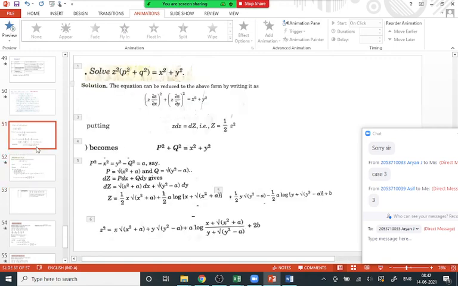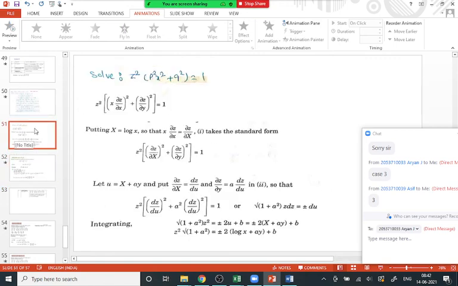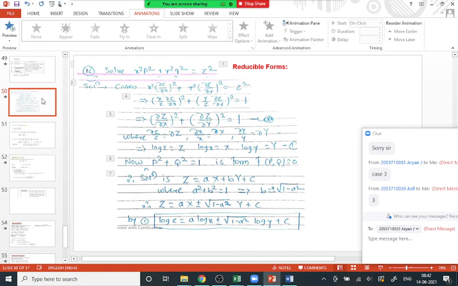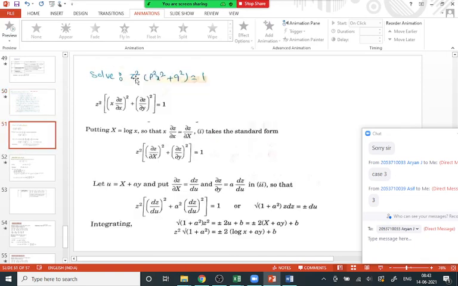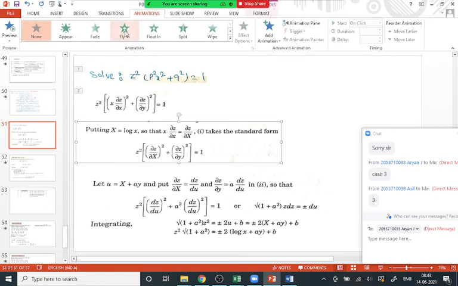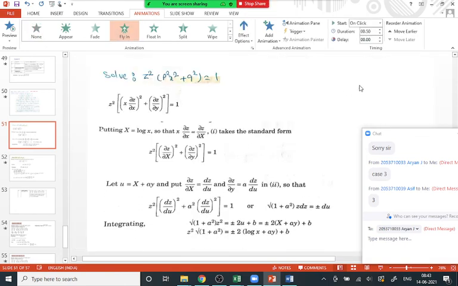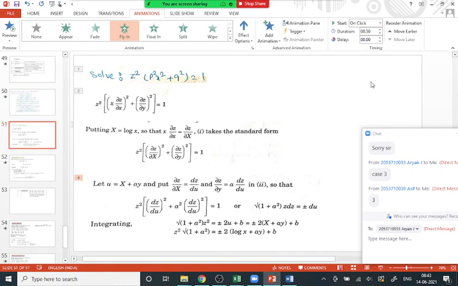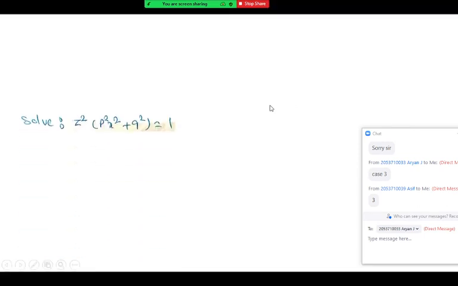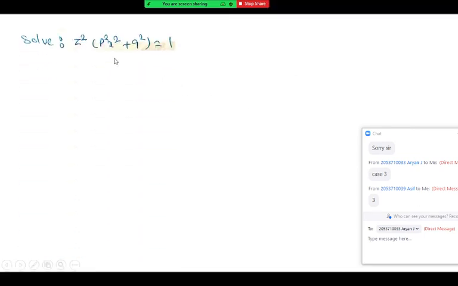So you should focus. There is one more example, the third example: z square in bracket p square x square plus q square equals 1.